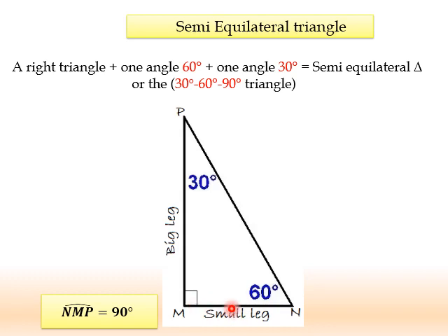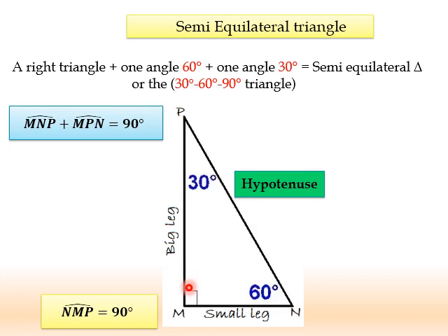Now, the semi-equilateral triangle is the triangle that has 30, 60, and 90 degrees. Here we have NMP equal to 90 degrees. The hypotenuse is PN, the side facing the right angle. The sum of angles MPN and MNP is 90 degrees, so they are complementary since it's a right triangle.